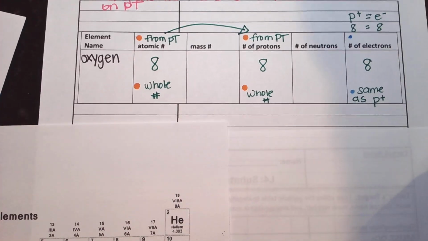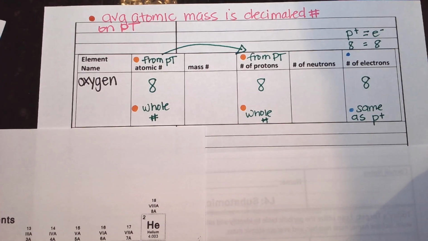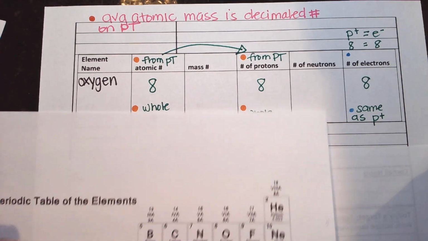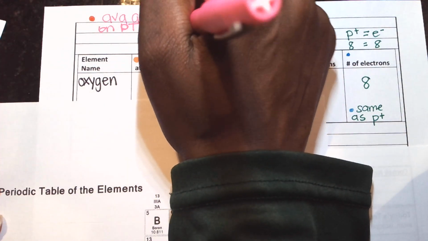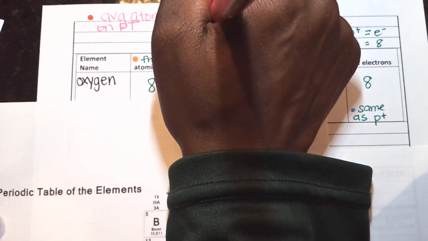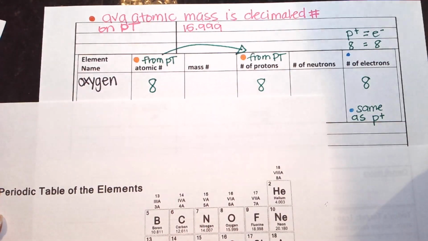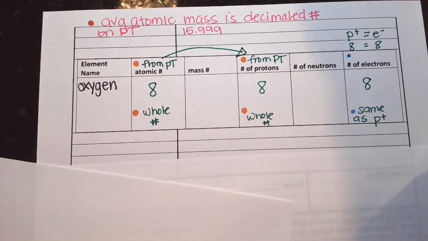Okay. So if I take the decimal number under oxygen, it is 15.999. To get the mass number, we're going to round that number.